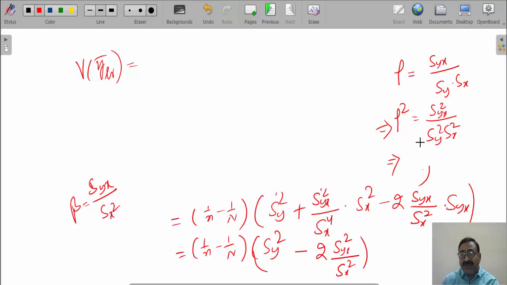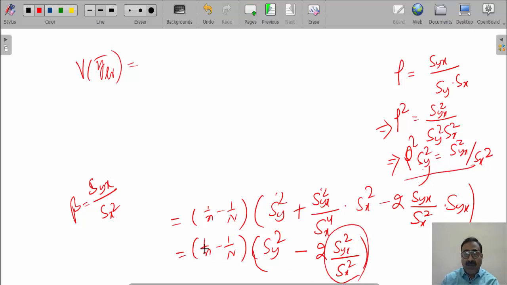So this implies rho square sy square equal to syx square by sx square. So using this value here we get this is equal to 1 by small n minus 1 by capital N, sy square minus rho square sy square.